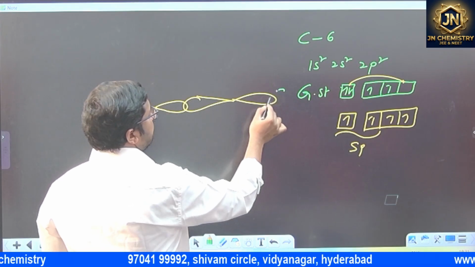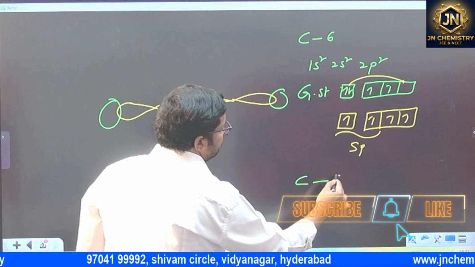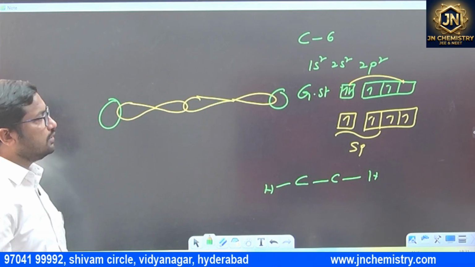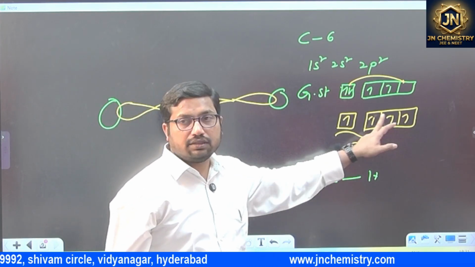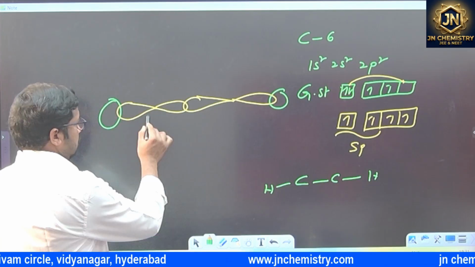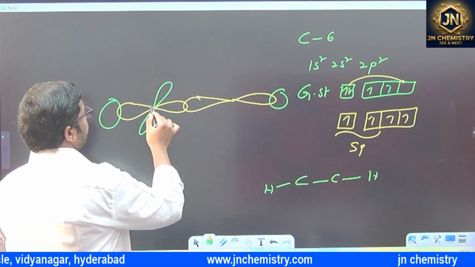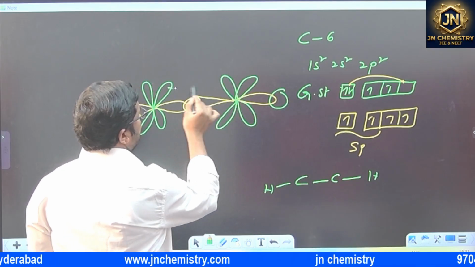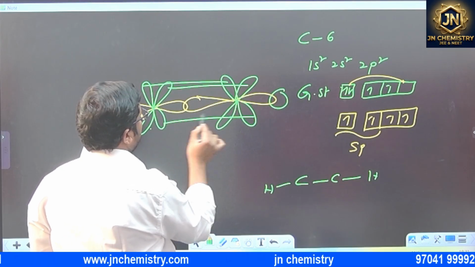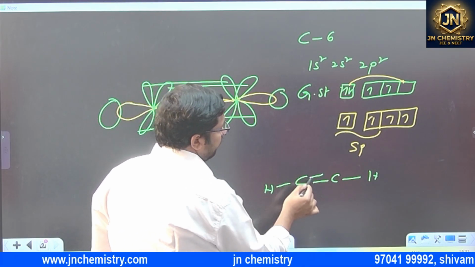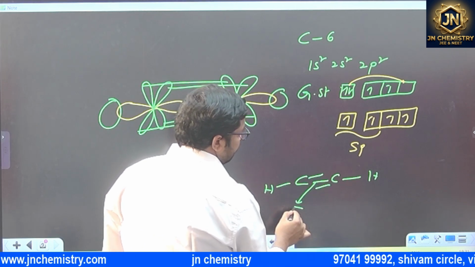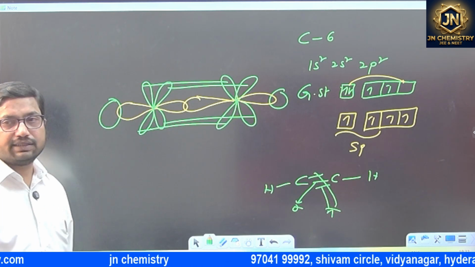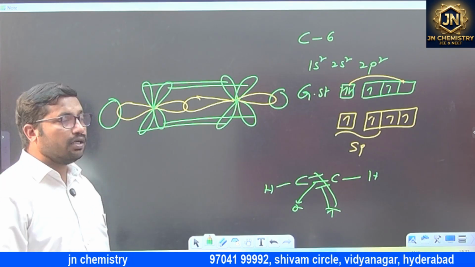End-on overlapping takes place, so we get the C-H bonds. Then we get the two pi bonds from the two p orbitals, which undergo sidewise overlapping. In the triple bond, one is a sigma bond and two are pi bonds.